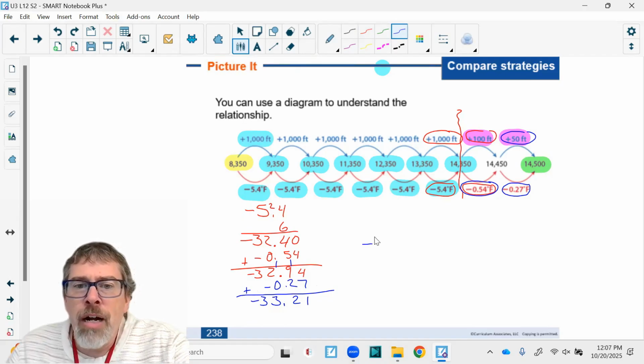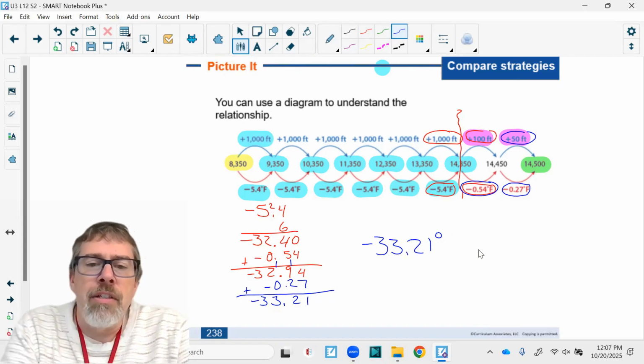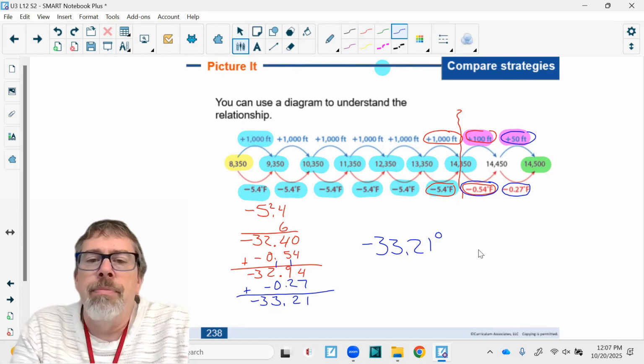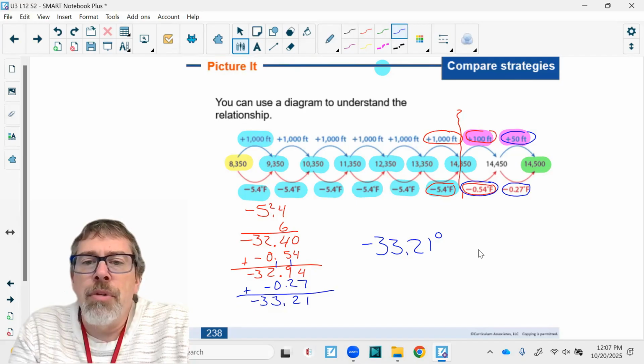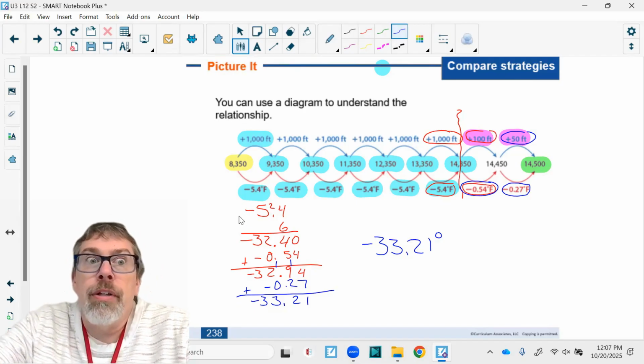It will have dropped 33.21 degrees in the difference in the time you leave the beginning of the trail until you get to the end of the trail. The temperature dropped 33.21 degrees. Okay, dress accordingly.